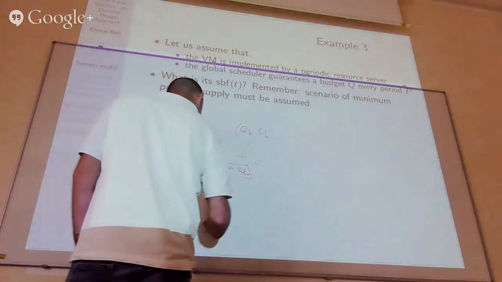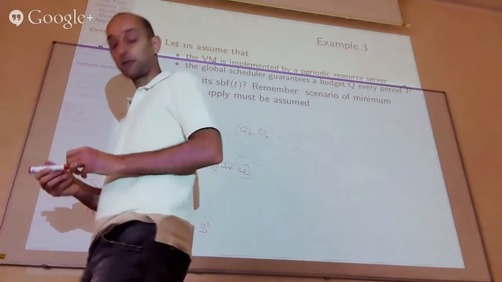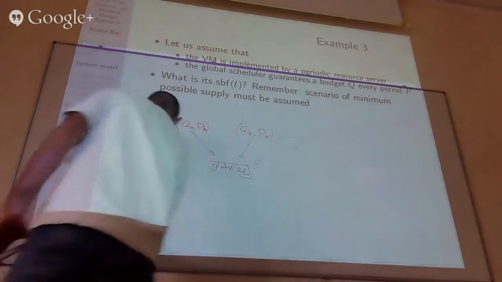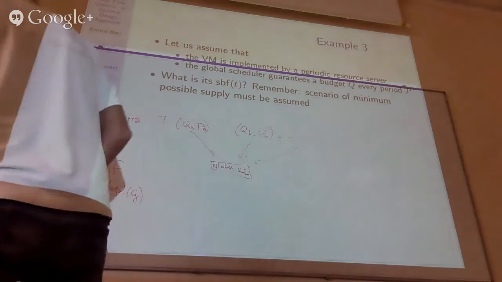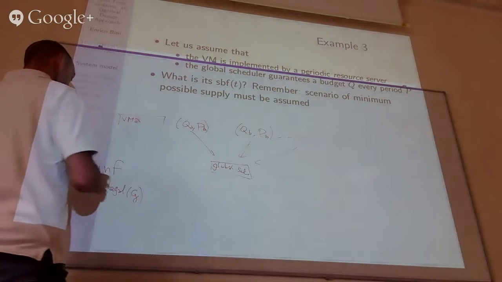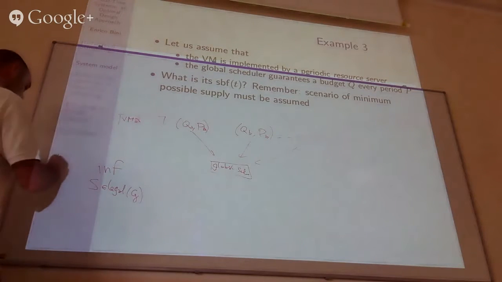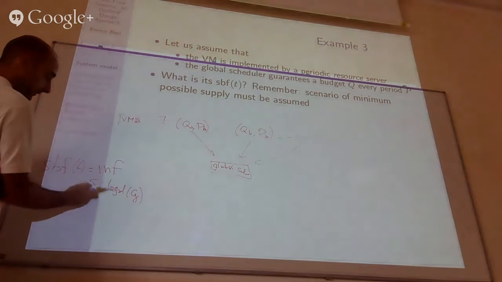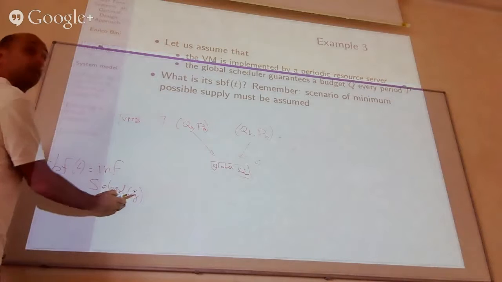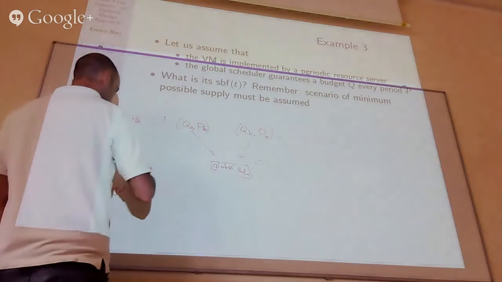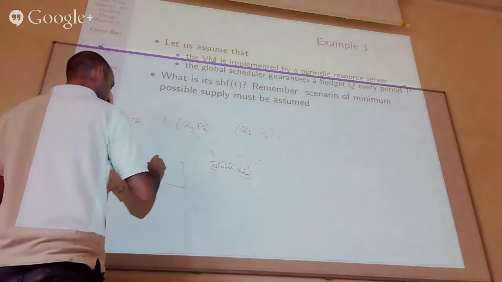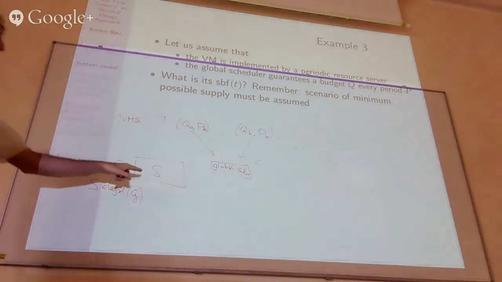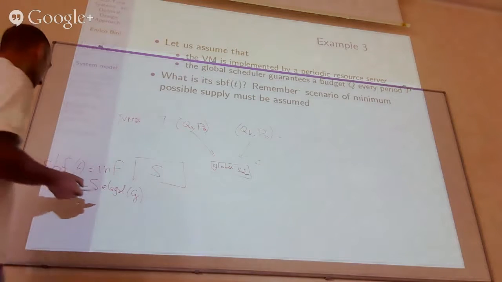S equal to S prime. SBF of T was written as the inf over all the schedules among the legal ones of a lot of stuff, which was a function also of S. So S appeared in the indicator function.